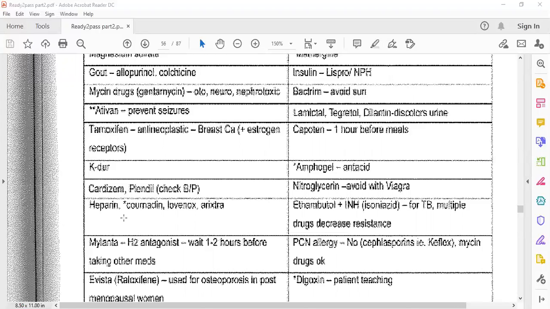So basically the herbal medications that start with G, like ginger or garlic or ginkgo biloba, and cinnamon, all interact with warfarin or heparin or Coumadin. It is good not to take them together.